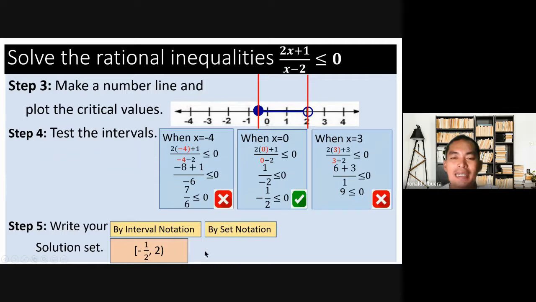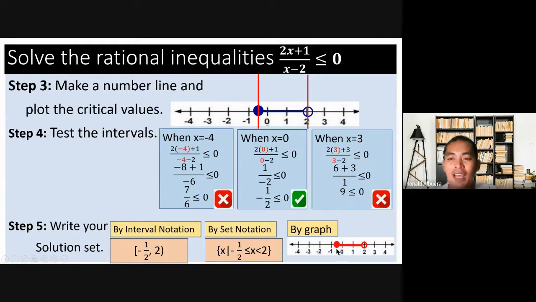Or by set notation, we have x such that x is less than 2 but greater than or equal to negative 1 half. By graph, so we have here from negative 1 half to positive 2, shaded part yung negative 1 half, unshaded yung positive 2. So these are the different ways of writing the solution sets. Okay?